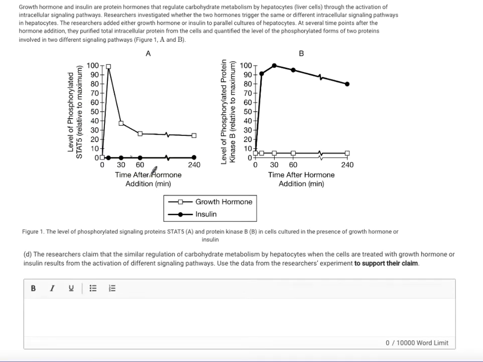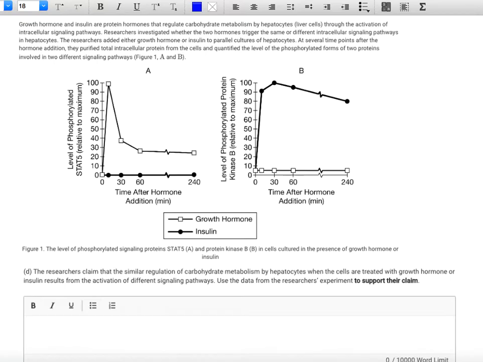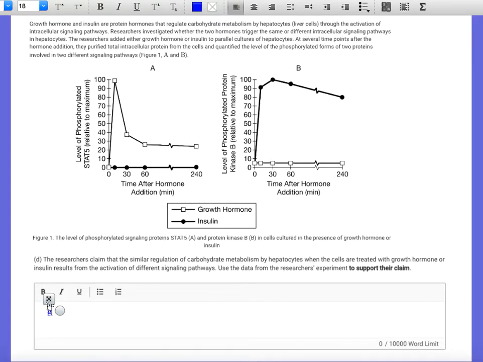So with the growth hormone, it looks like growth hormone activates this protein called STAT5, and the insulin activates a different protein, which is going to be protein kinase B.